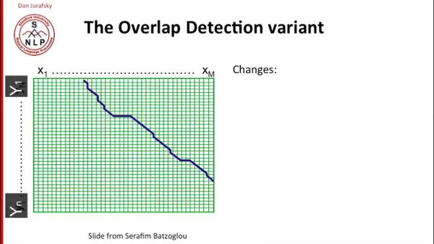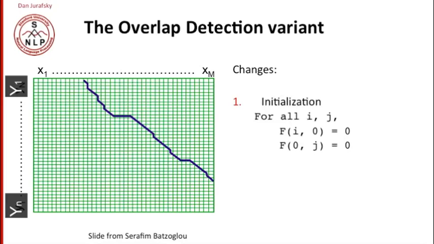First, we change the initialization so that it doesn't cost us anything to start from a long string and delete everything or insert everything. It used to be that we had minus I star D here, and we had minus J star D here.